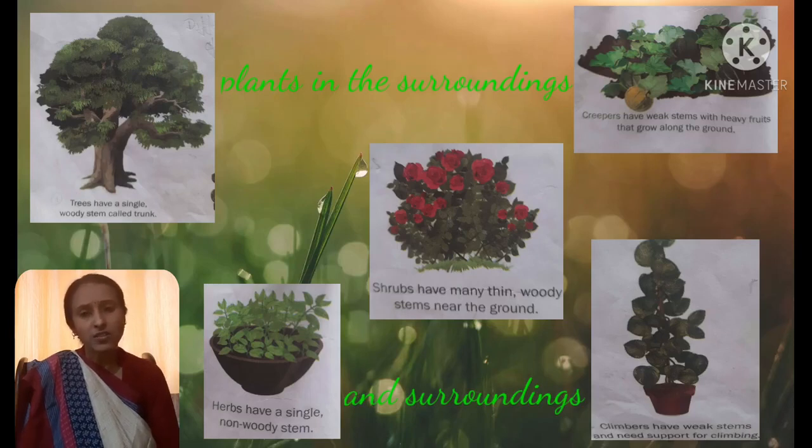Trees have a hard stem, shrubs have a weaker stem than trees, and herbs, climbers and creepers all have weaker stems. So on the basis of size and stems, we categorize our plants mainly into 5 parts: trees, shrubs, herbs, climbers and creepers.